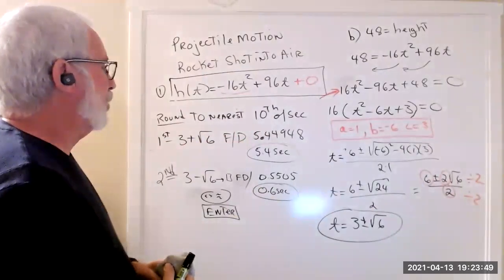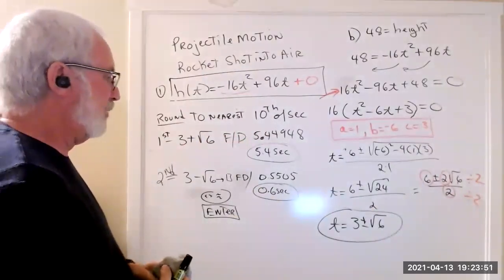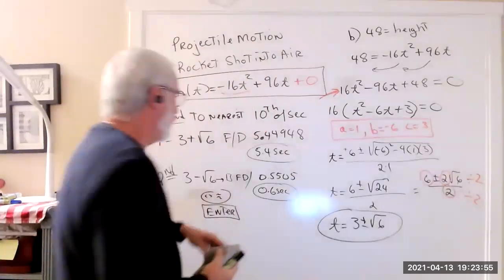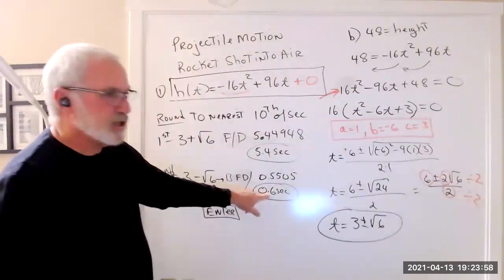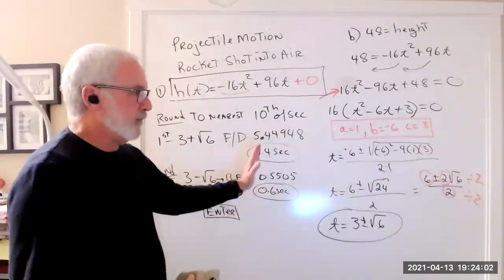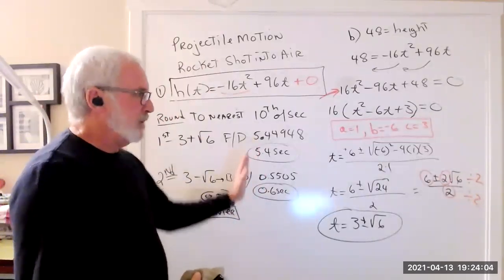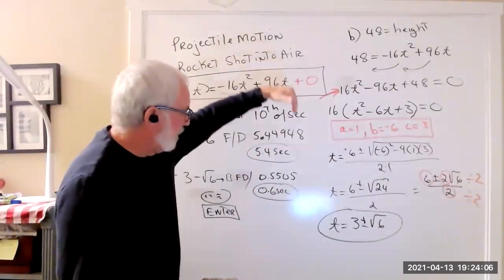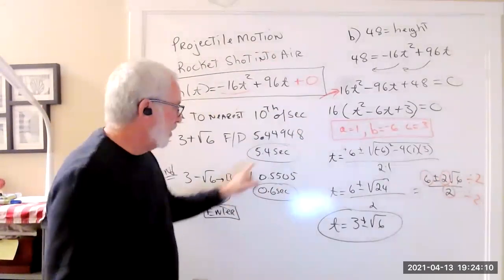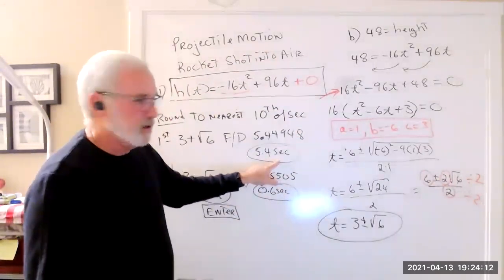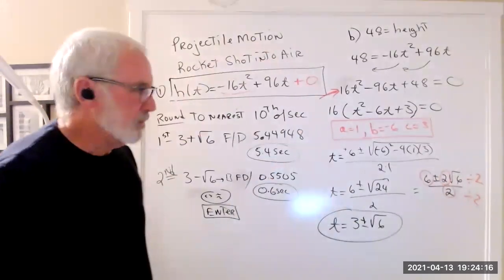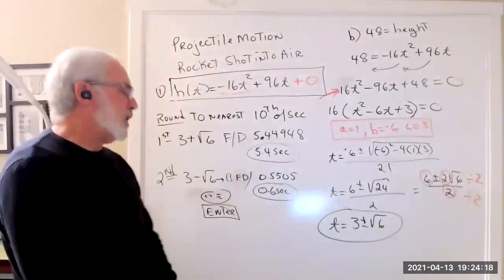Remember, we were looking for when it was at 48 feet, the 2 times it hit 48. Right. So at 0.6 seconds after it was launched, it hit 48 feet, and then went up and came back down. And at 5.4 seconds on its way down, it also hit 48 feet, because that's what those two answers are.